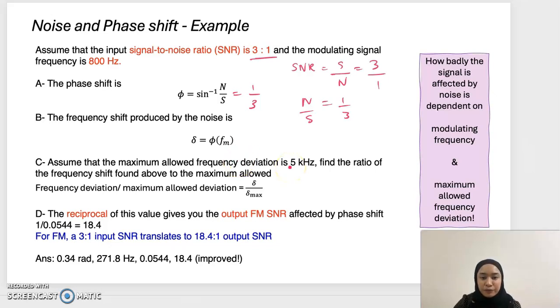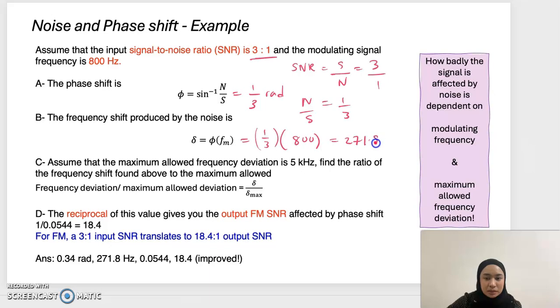Convenient. So from 1 over 3 radians, I plug into this equation to find out what the frequency shift is when noise is added to the signal. I would get 1 over 3 times the modulating frequency, which is 800 hertz, and that gives me 271.8 hertz.